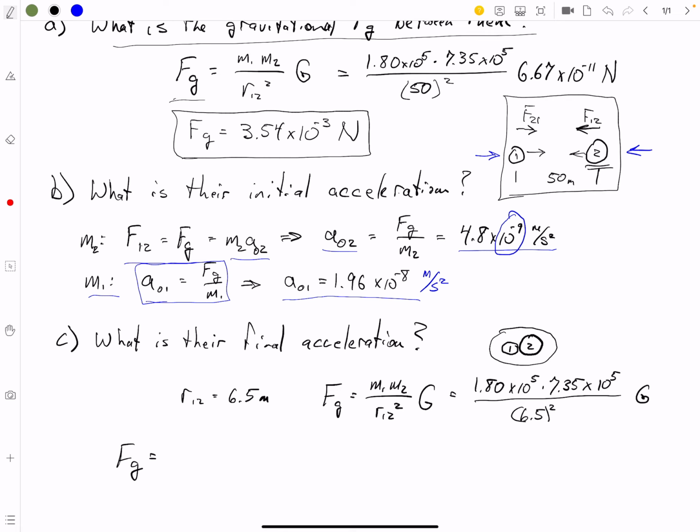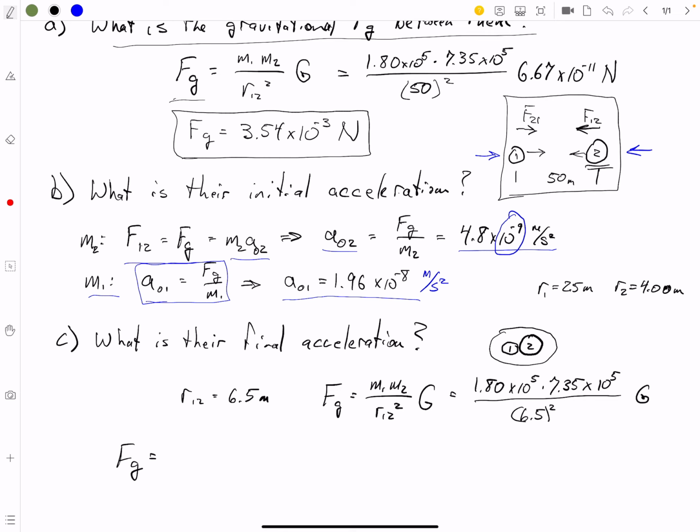One has a radius of 2.5 meters, and the other has a radius of 4.0 meters. And right at the instant that they touch, they have this final acceleration.